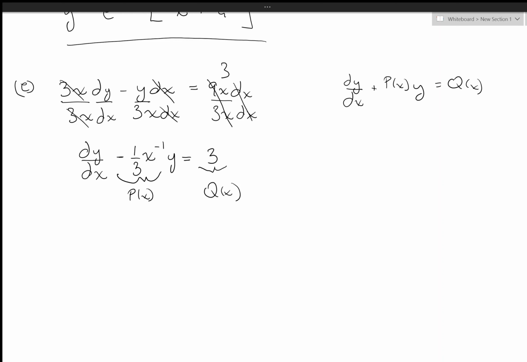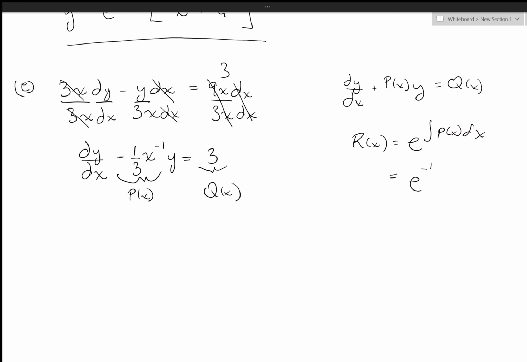Okay, so first thing is r of x is equal to e to the integral of p of x dx. Well, what's that? Well, that's e to the integral, we have the negative 1/3.